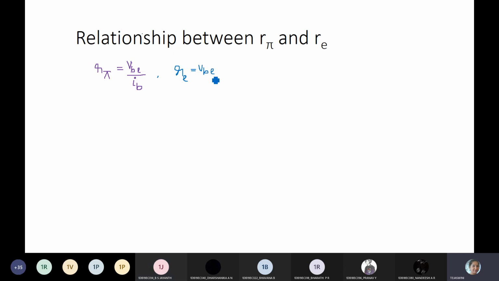VBE by IE. What is common in both? VBE, ma'am. So VBE can be written in terms of R pi as IB into R pi, which is also equal to IE into RE.